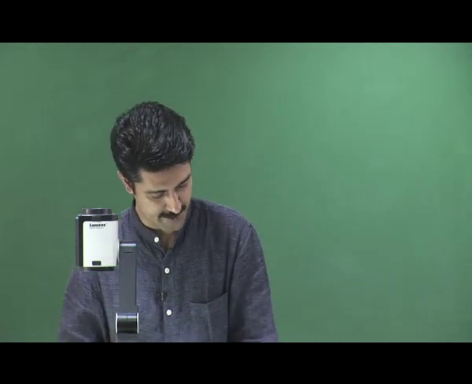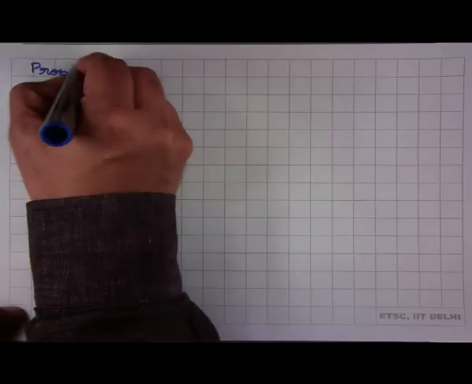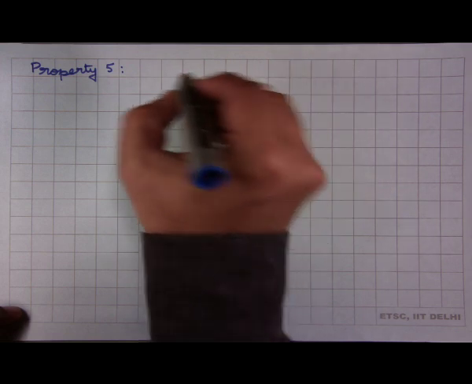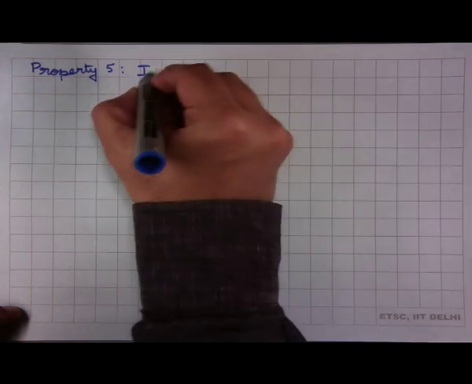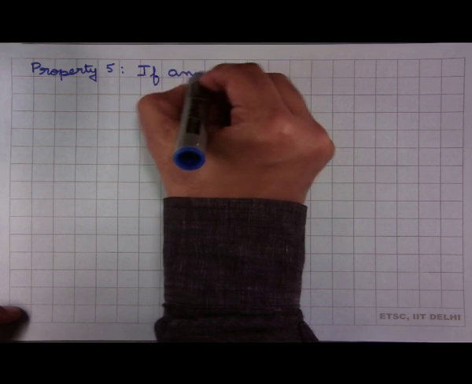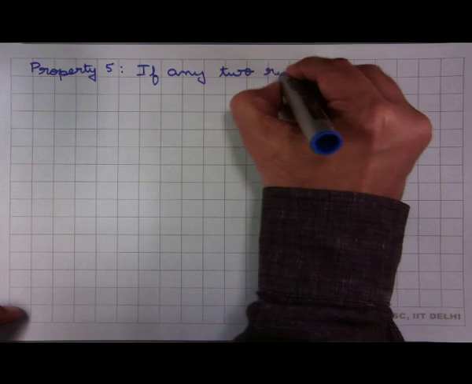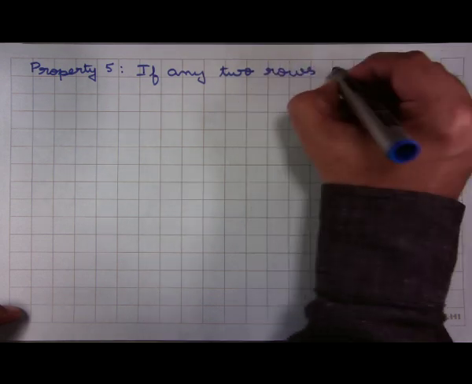So, the next property is that if any two rows or columns are interchanged, then the sign of the determinant changes.